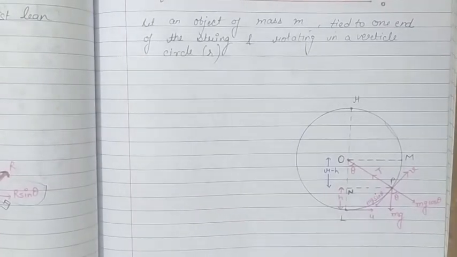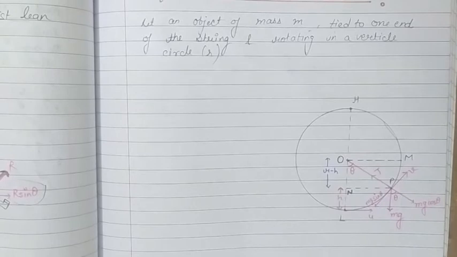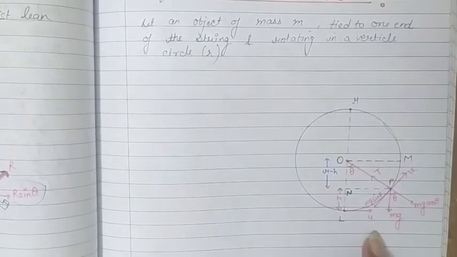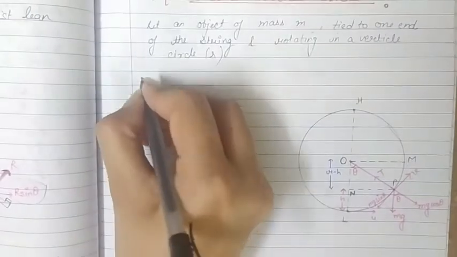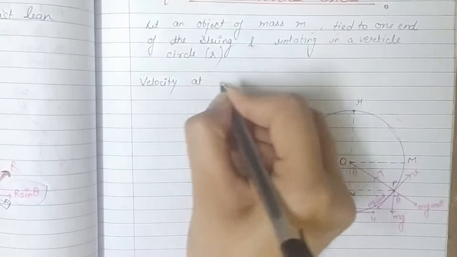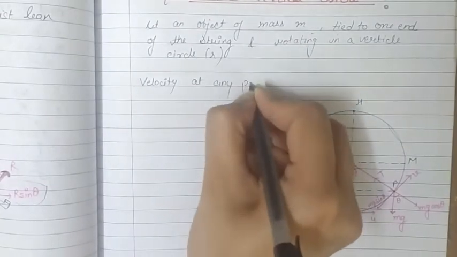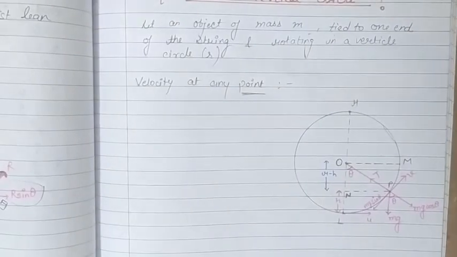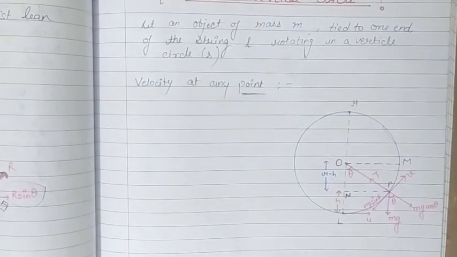So now we want to find the velocity at any point, means general velocity at any point during this whole motion. For that we assume the body passes through the lowest point.